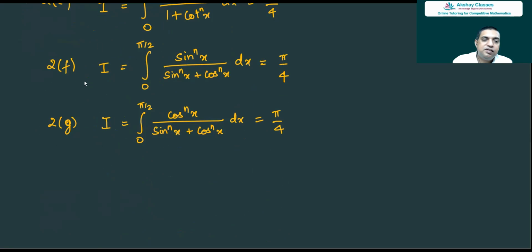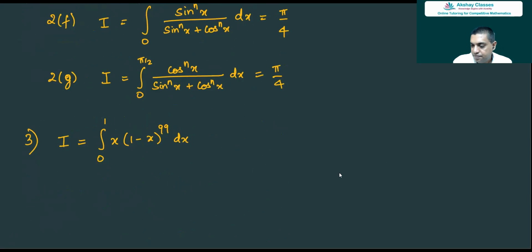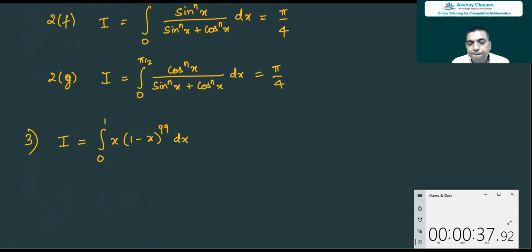Look at question 3. Please do this. I want all of you to do this. I'll give time. Integral 0 to 1 x into 1 minus x to the power 99 dx. Let's see who will give the answer first.